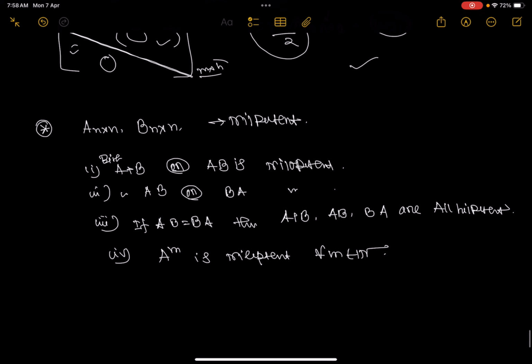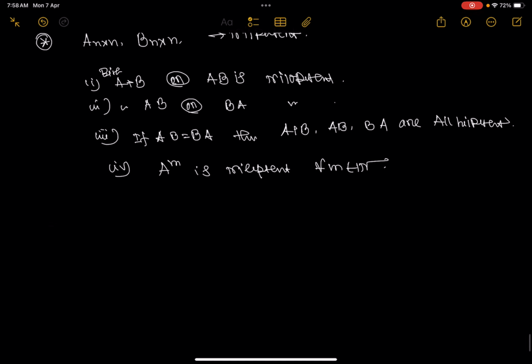For this case, how do we solve this problem? First, the given criterion is that A and B are two nilpotent matrices. This is the given condition, so at first you write this given condition.